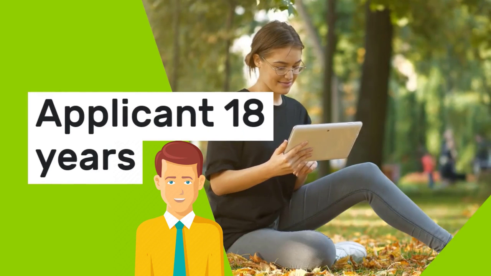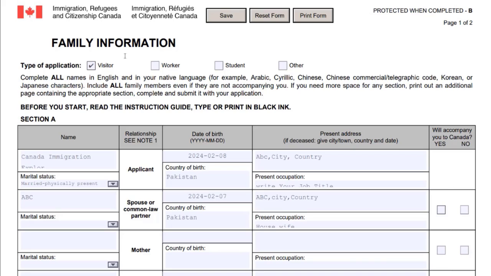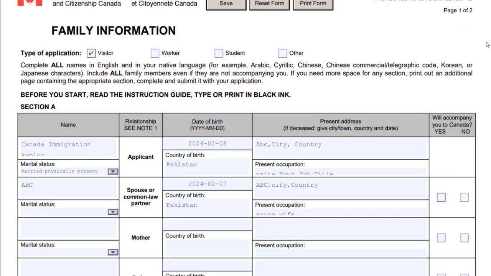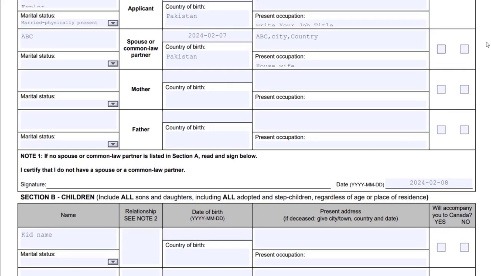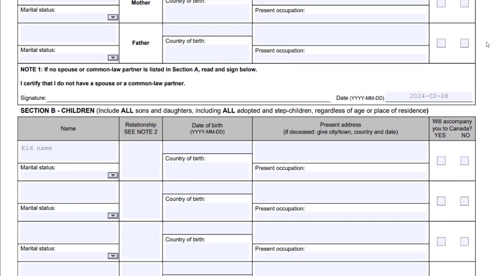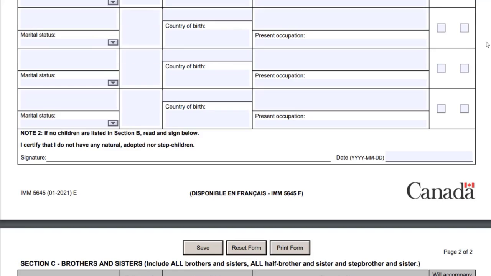Each applicant aged 18 years or older is required to fill out the Family Information Form, IMM 5645. It is essential to provide all names in both English and your native language, using characters such as Arabic, Cyrillic, Chinese, Chinese commercial/telegraphic code, Korean, or Japanese.